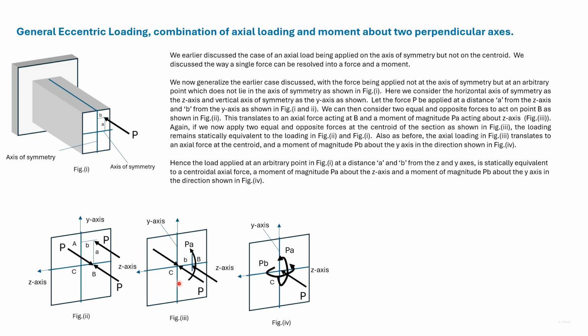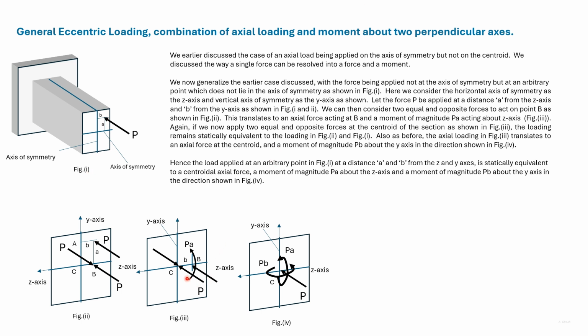Let us now consider two forces of magnitude P applied at the centroid. These forces are equal and opposite as shown. Then figure 3 is statically equivalent to figure 2 and also statically equivalent to figure 1.